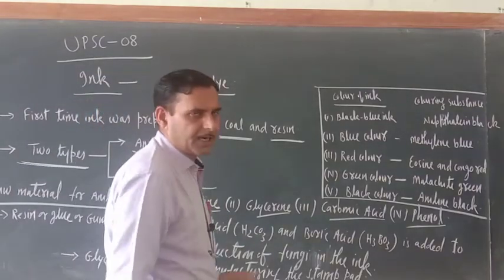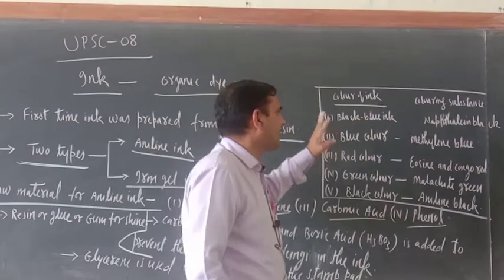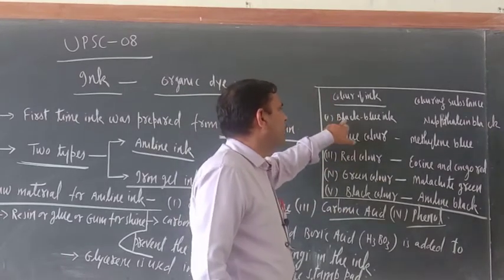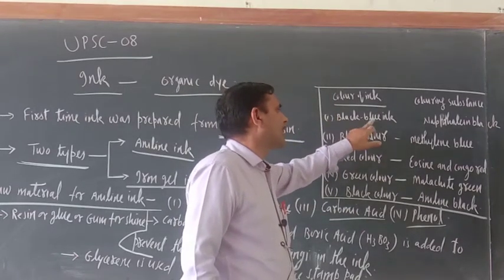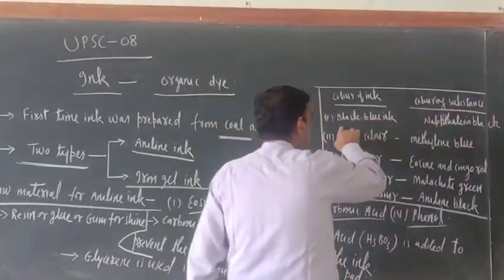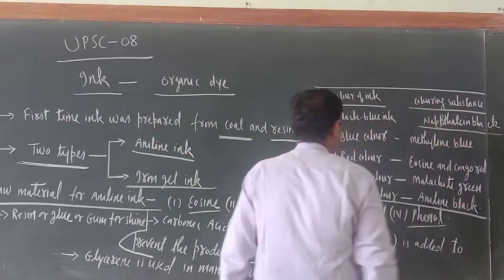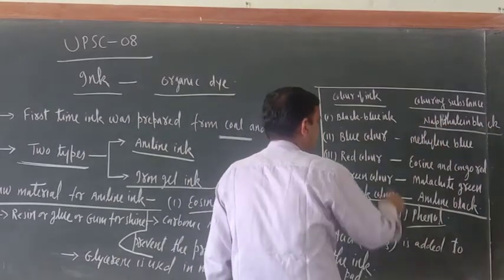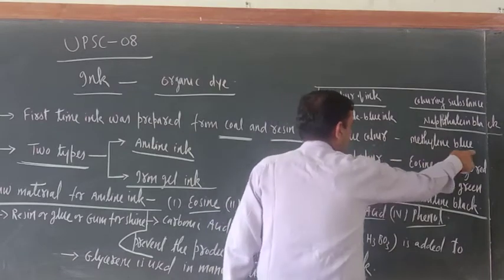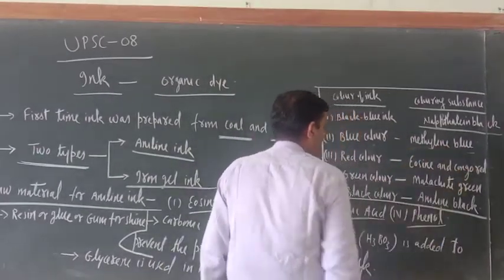To make the ink colored, some special substances are added. For obtaining blue black ink, naphthalene black is added. For blue color ink, methylene blue is added. For red color, eosin or Congo red.